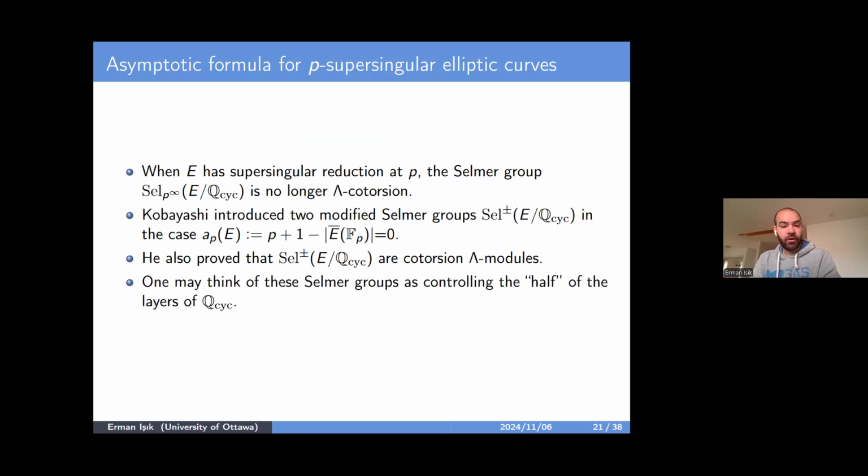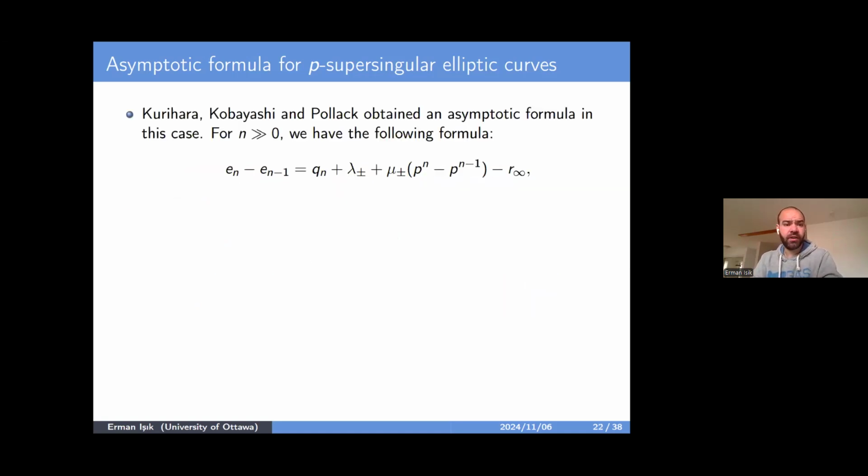What we can do with these is to think of them as objects that control half of the layers. So this is what they are designed for. Kurihara, Kobayashi, and Pollack obtained an asymptotic formula regarding the behavior of the Tate-Shafarevich group. This time, as you can see, we have this number, and these Iwasawa invariants appear.